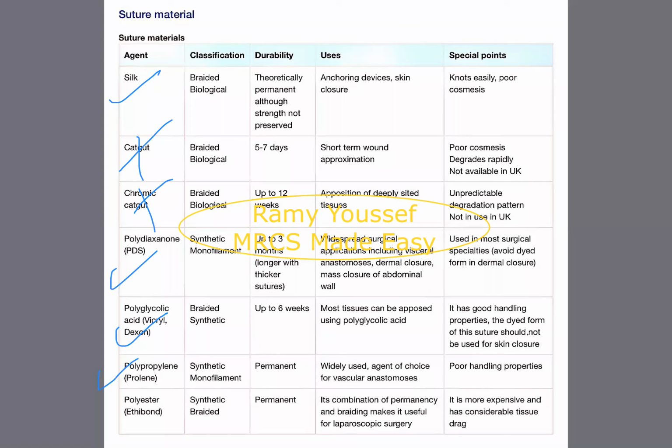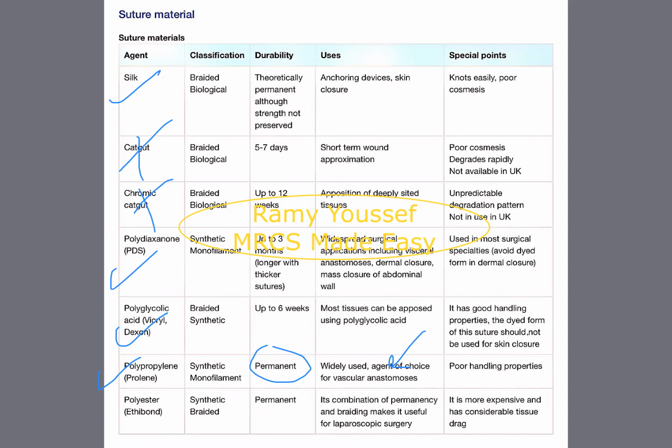Proline is a monofilament synthetic. We use it to close the skin sometimes, but we remove the sutures. This is permanent, and it is most important also for vascular anastomosis. In vascular anastomosis we use the smallest size we can, according to the size of the vessel, because it is less thrombogenic for the vessel, put it in your mind, and with very minimal reaction.